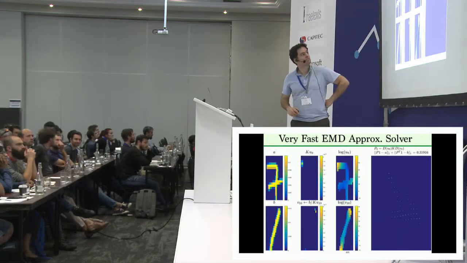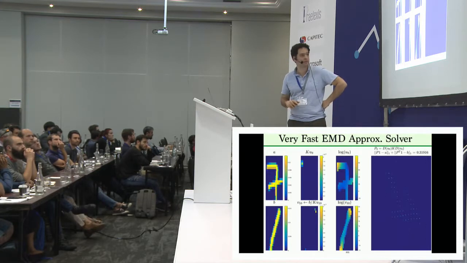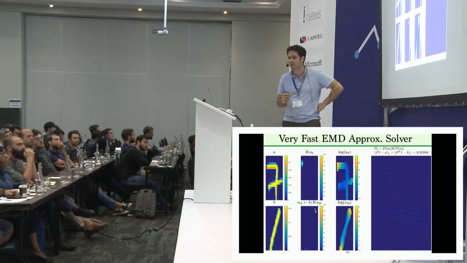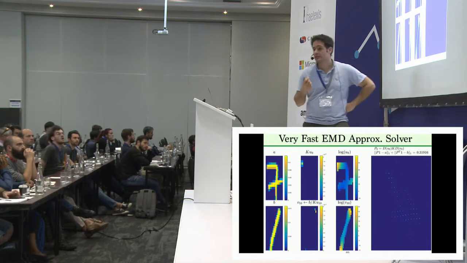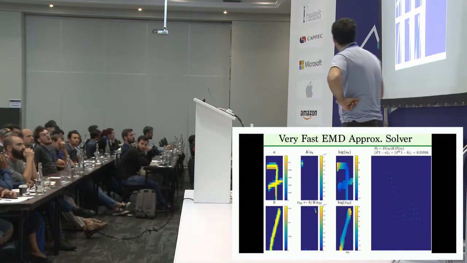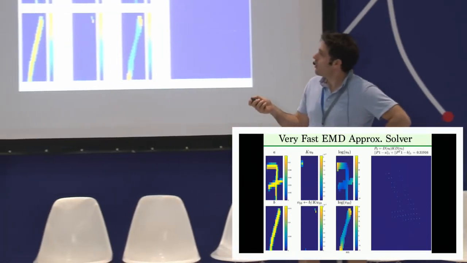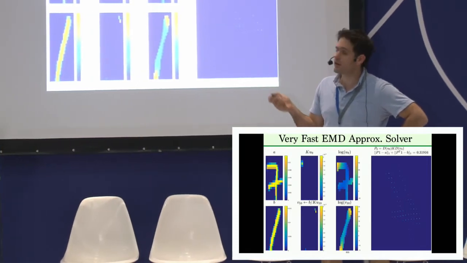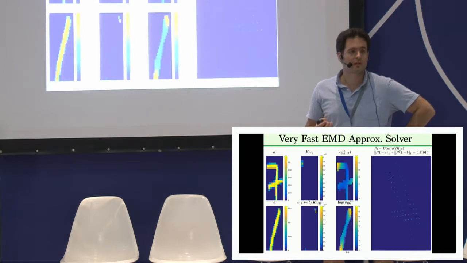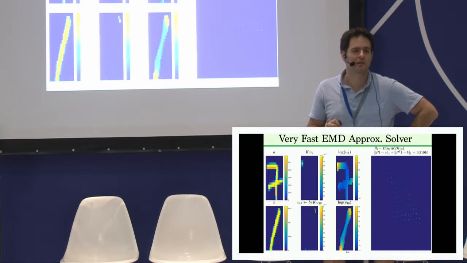So here, the logs of those two U's and V's have a very nice interpretation. What essentially they say is: among those points that are in this measure and those points that are in this measure, which ones are the ones that really annoy me, that increase the Wasserstein distance between these two distributions?